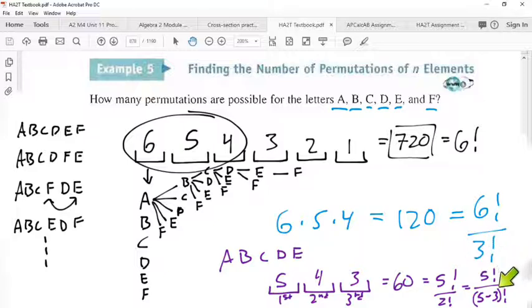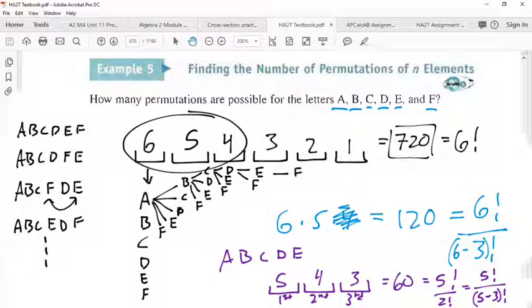How is this subtraction related to up here? Well, up here it's kind of harder to see because 6 minus 3 is 3, which gives us 3 factorial. So where do we get this 6? There's 6 runners. Where do we get this 3? We're only choosing 3 places. So what if I didn't care about the third place for 6 runners?